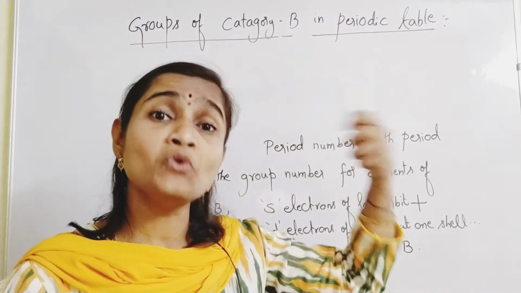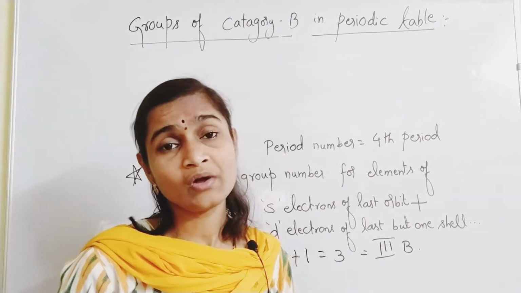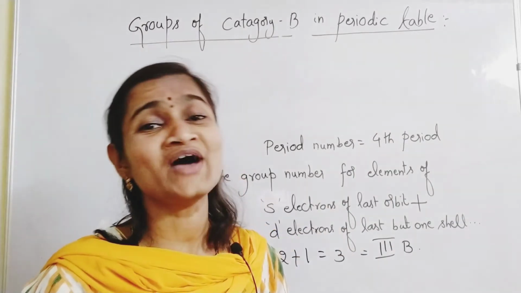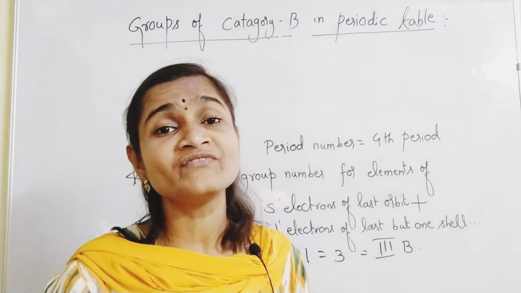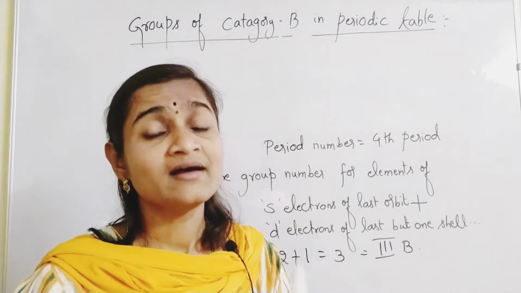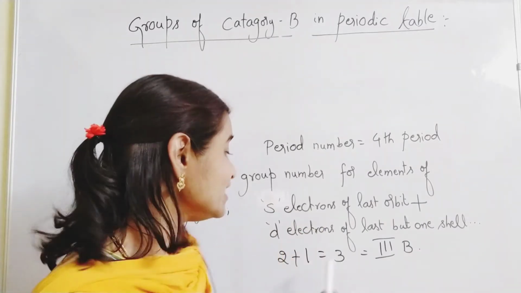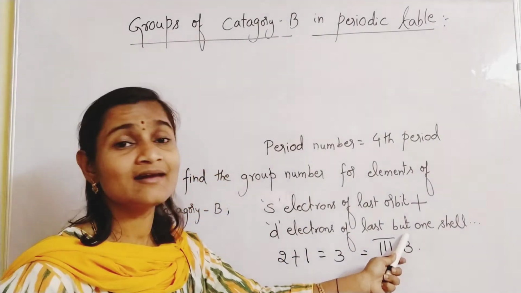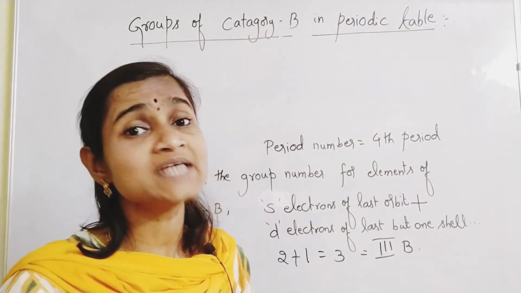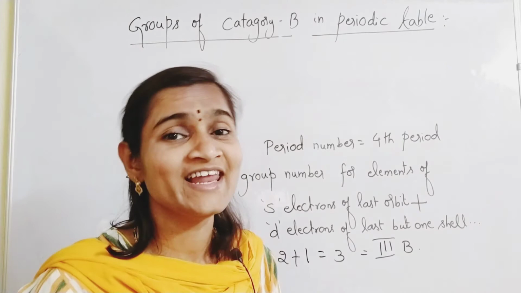If you get more than 8, then also you write the group number of that element as the 8th B group only. And that holds unless all the d electrons are completely filled. The d orbital's capacity is how many electrons? 10 electrons.